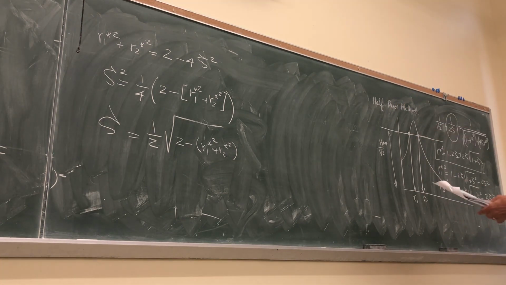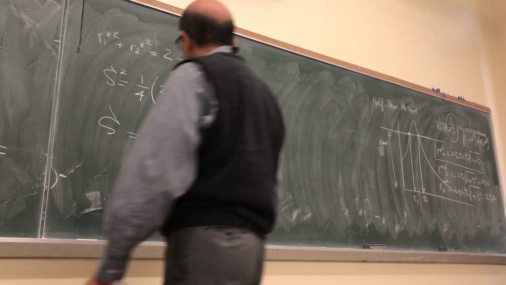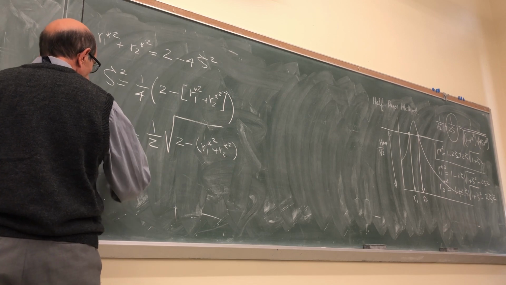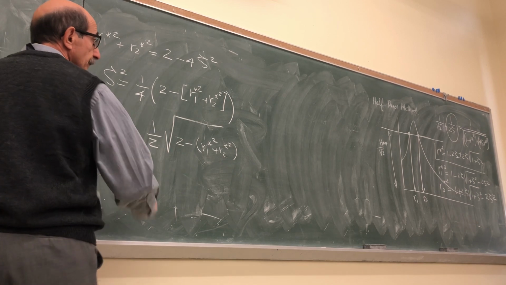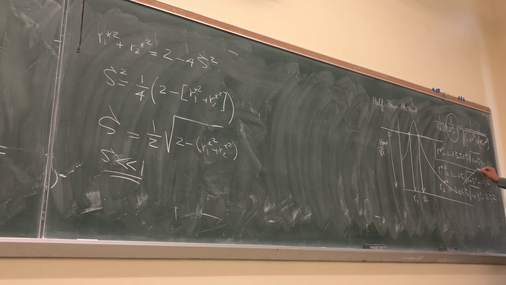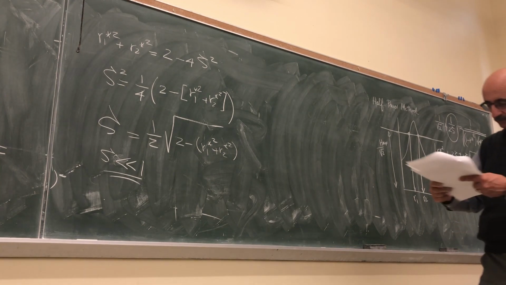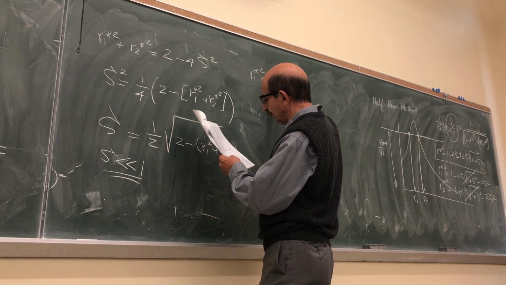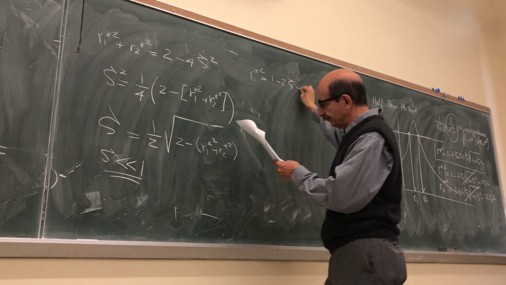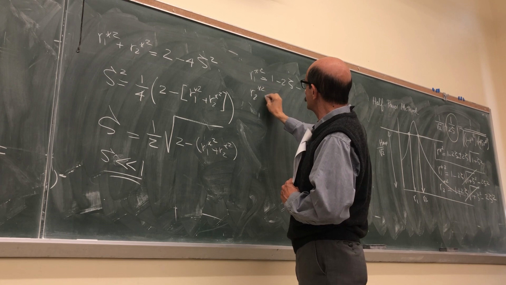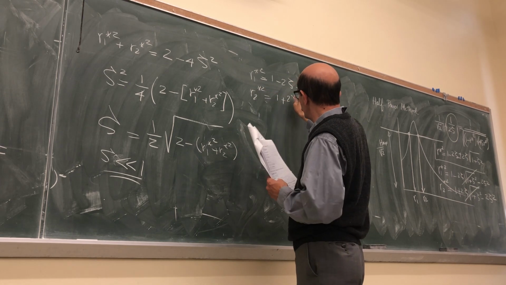So we say that, okay, if damping is very small, or in other words, much less than 1, you can see that this is almost 1 and this is almost 1. So R1 squared becomes approximately 1 minus 2 zeta, and R2 squared would be 1 plus 2 zeta.